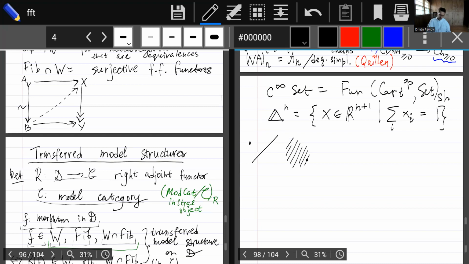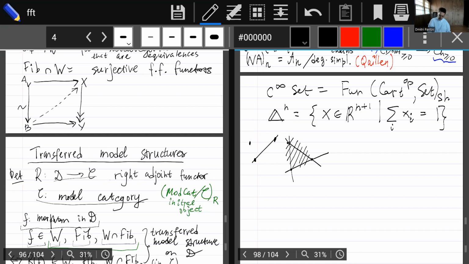And the way you think about these is that inside of here you have vertices with coordinates 0 and 1. And likewise here you have actually 3 sides.